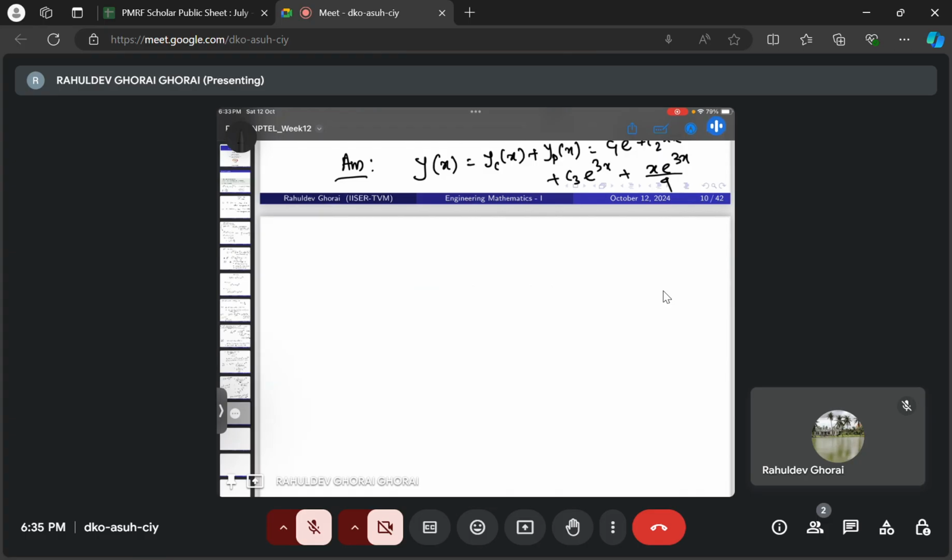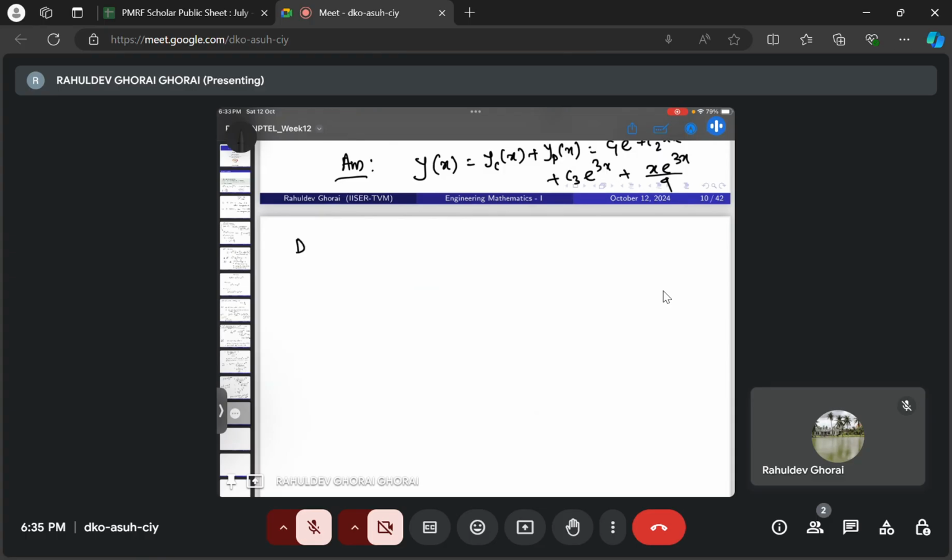Before that, let's do another question where the right hand side is e to the power kx. While changing e to the power ax to some other function, the rule will change. That's why I am doing some questions which involve the right hand side as e to the power kx.